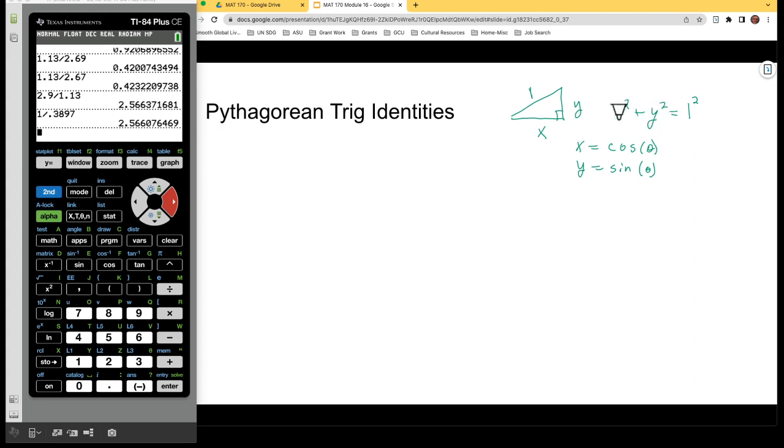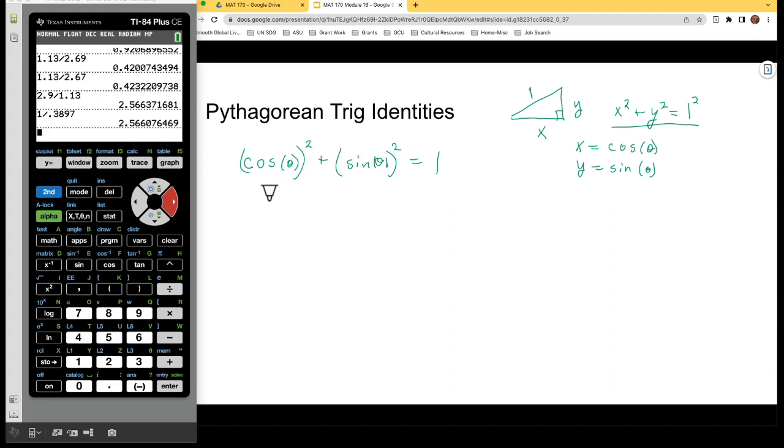And so, coming from one side squared plus the other side squared giving the hypotenuse squared, we get this Pythagorean identity: if we take cosine theta and square it, and add to it sine theta squared, that will equal 1, or 1 squared, because we're using a unit circle.